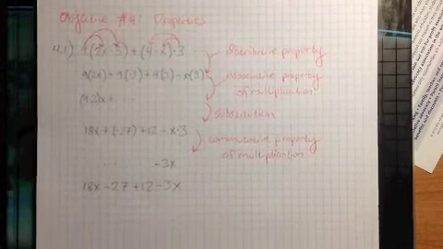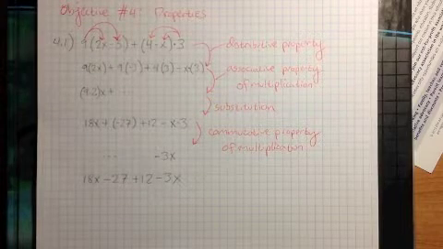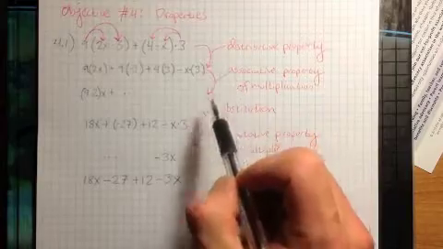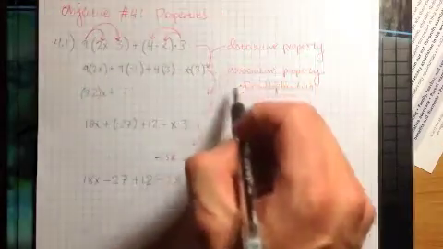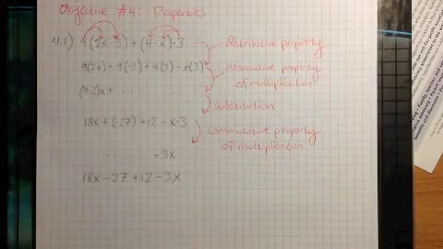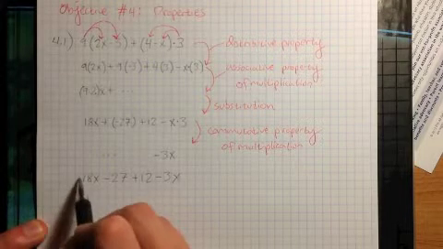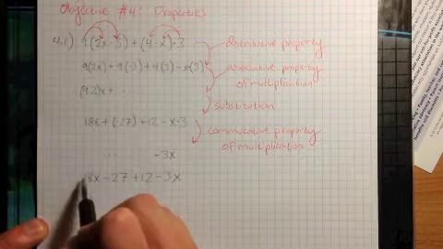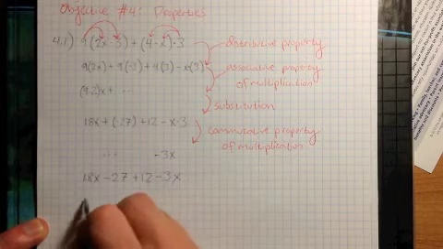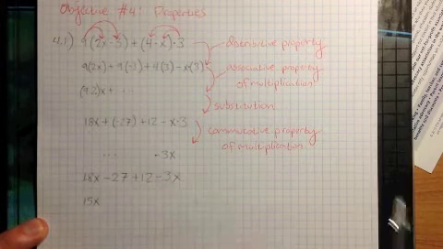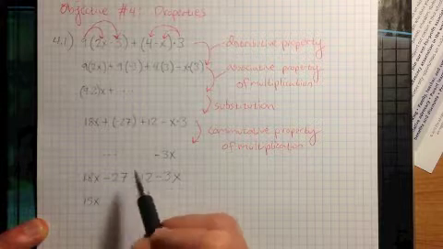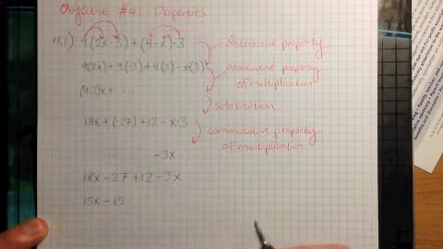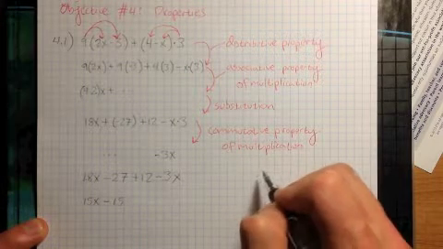Now, I am getting lazy, and I really don't want to keep on identifying which property allows us to do each step. So I think from here you can pretty much see that we have an 18x, we have a negative 3x. We can combine those two. 18x minus 3x is 15x, and then negative 27 plus 12, is that 15? I don't know, let's see.